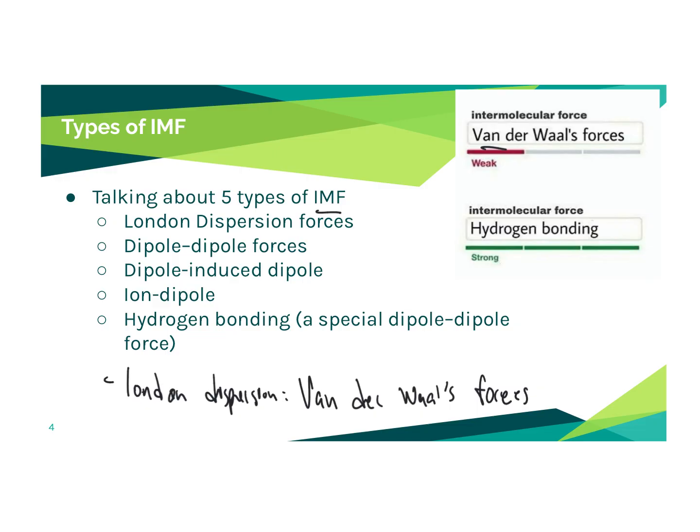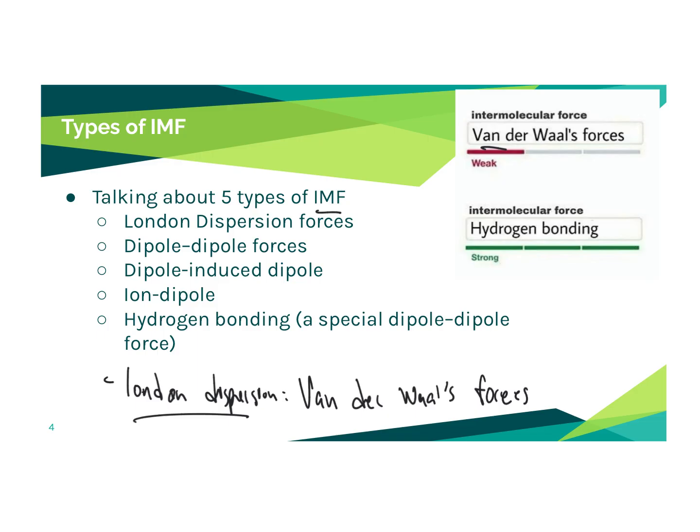So if you ever see van der Waals interactions, they're talking about London dispersion forces. We have dipole-dipole forces, dipole-induced dipole forces, ion-dipole, and hydrogen bonding, which is a very special kind of dipole-dipole force that we're going to talk a lot about and see a lot.